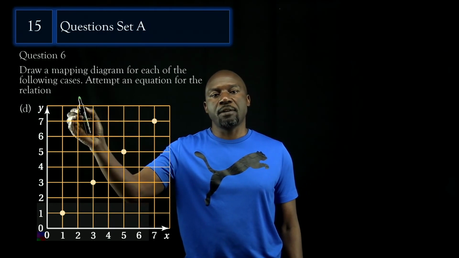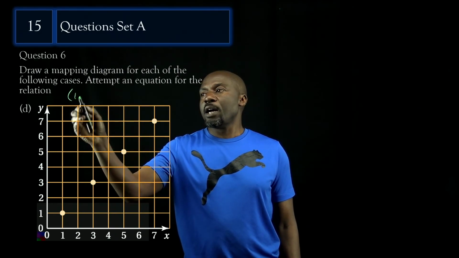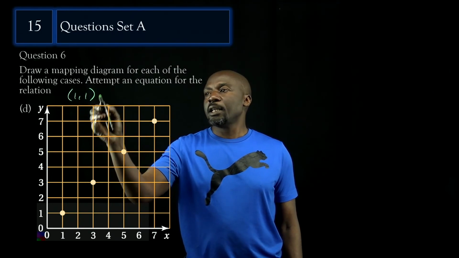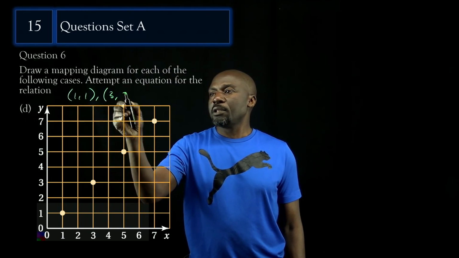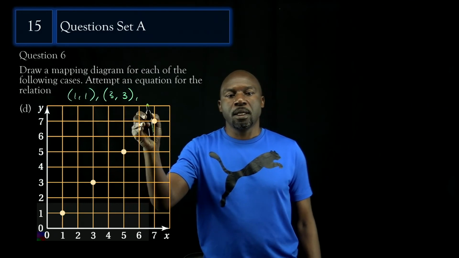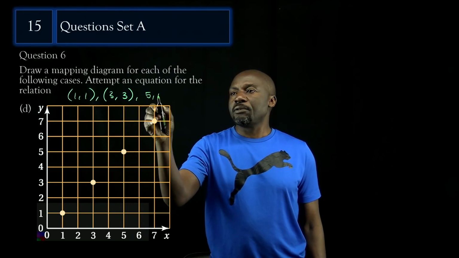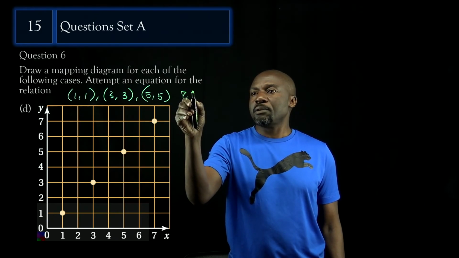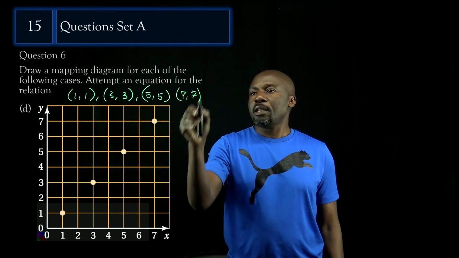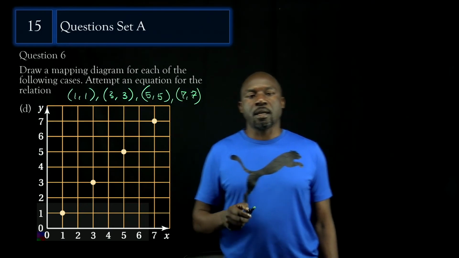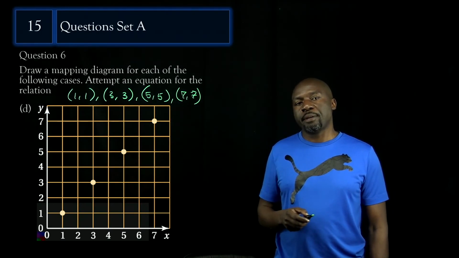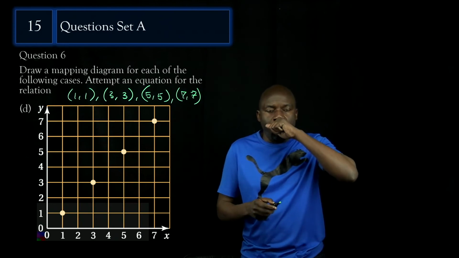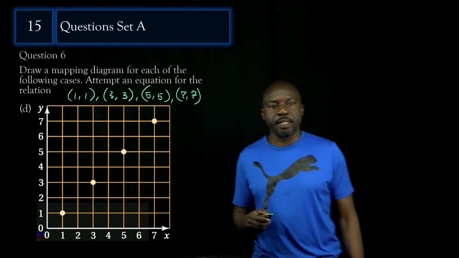So if we could write that fast, we have (1, 1), (3, 3), (5, 5), and (7, 7). This represents the ordered pairs for this relation, excuse me.